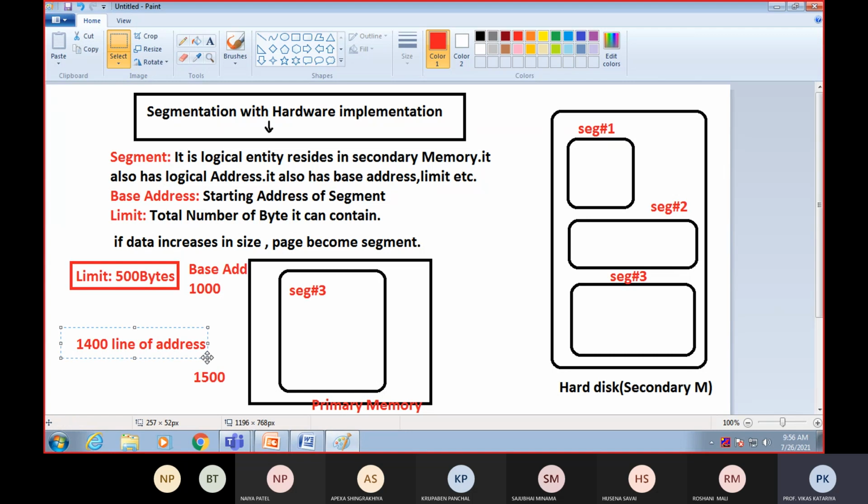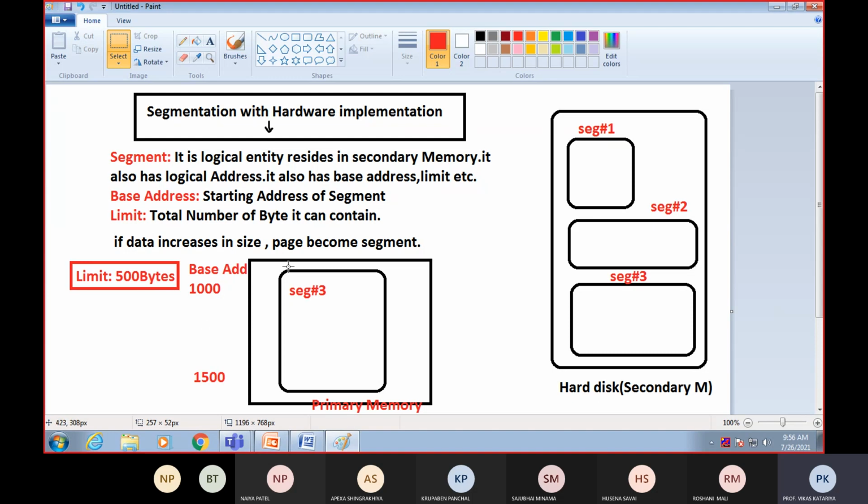So that's why a limit is very essential in segments. The limit tells us the closing point or closing address of a segment, because a hard disk can have a number of segments, and each segment has a logical address. When it is loaded from secondary to primary memory, it should have a base address so that we start loading that segment from this base address.